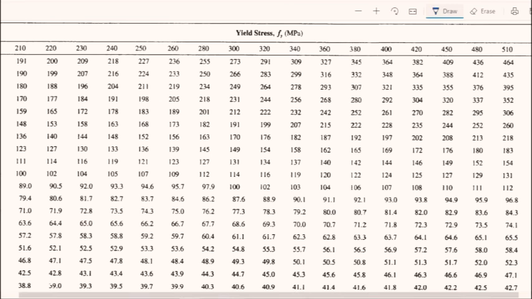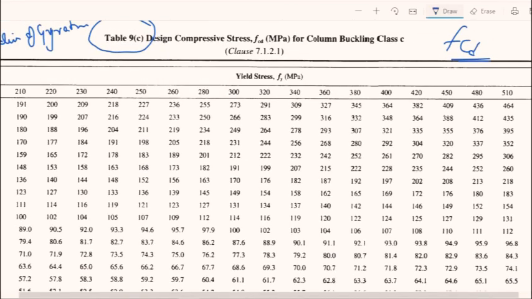So this is the 9C table from the code. So according to our calculation, what is the lambda, guys? It is 119 for 250. So for 120 it is 83.7, for 130 it is 74.3. So at 110 it is 94.6. We do not know what is exactly the value for 119.